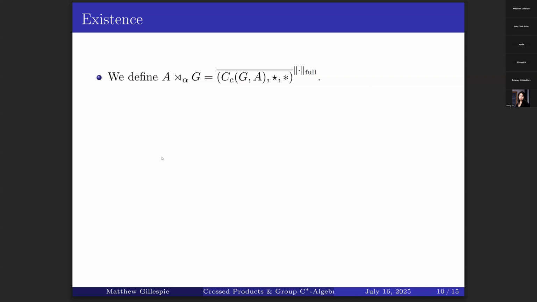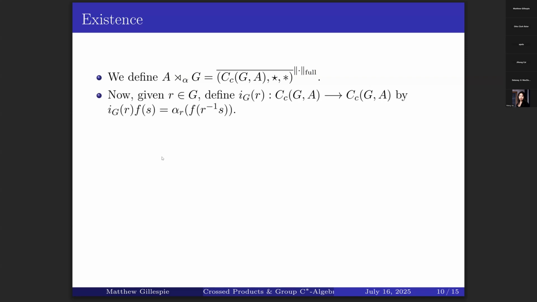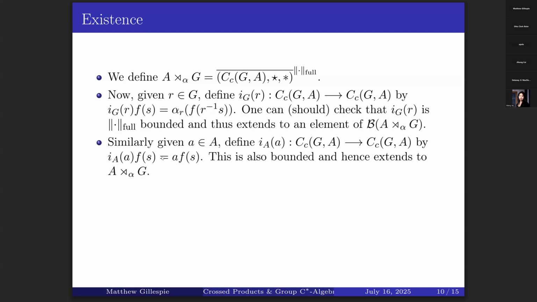And then we define this C-star algebra A cross G with a star algebra structure. On C_c(G, A), we complete it with respect to this norm, and that gives us the cross product. I'm not going to get into too much detail about how you define i_G and i_A because that requires you knowing a little bit about Hilbert modules and how that works. But basically, I'll have these slides posted.